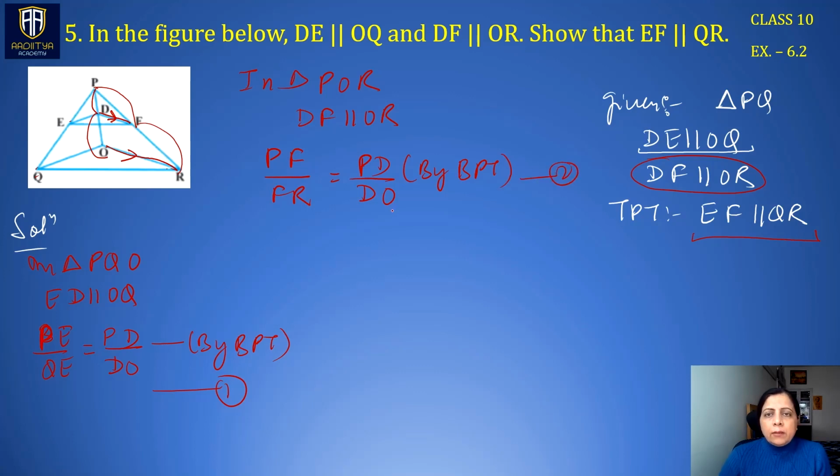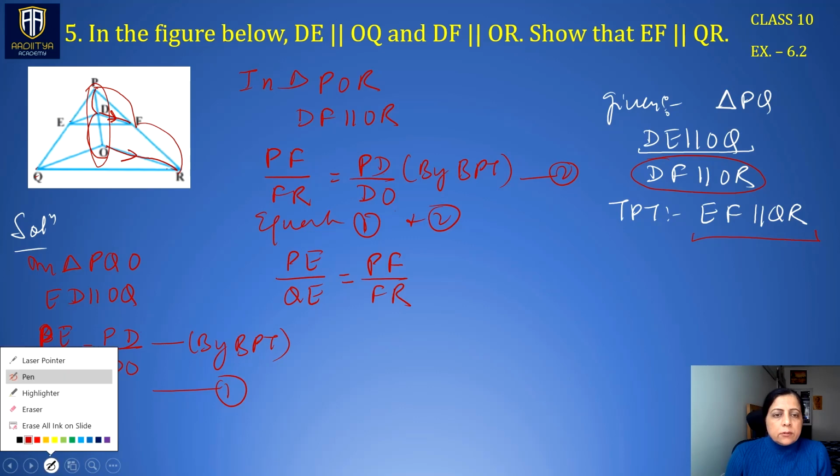Now see, have you got anything in common in these two equations? This is PD upon DO, this is PD upon DO. So the middle line is common to both the ratios. So what we can do is equate these two equations. Equating equation 1 and equation 2, we have PE upon QE equals PF upon FR.